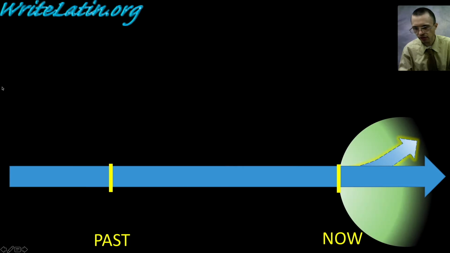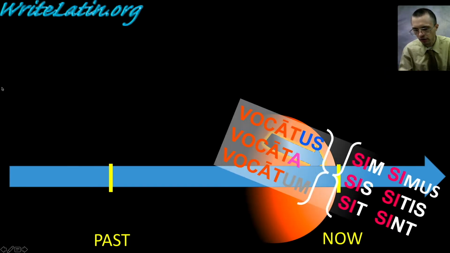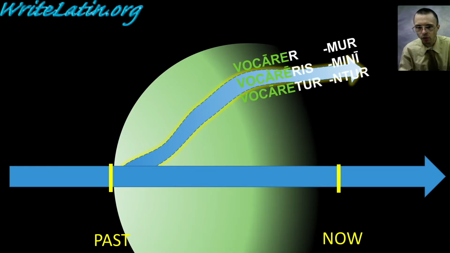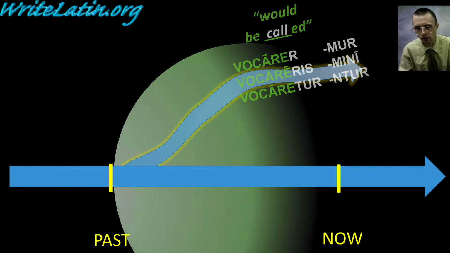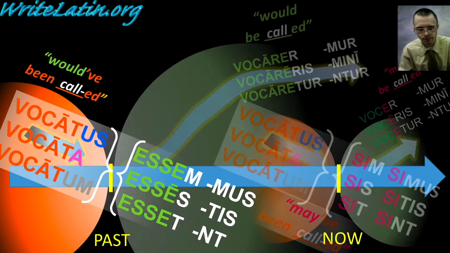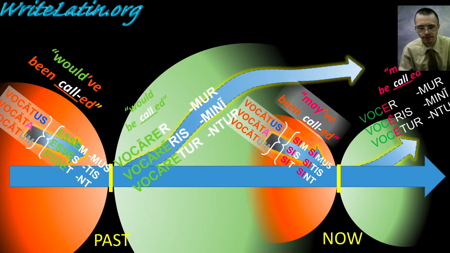And then in the passives, may be called, may have been called, might be called or would be called, and then would have been called. Put them together and they make a mess, but they can be organized.